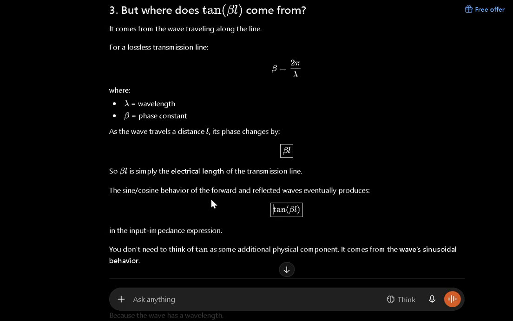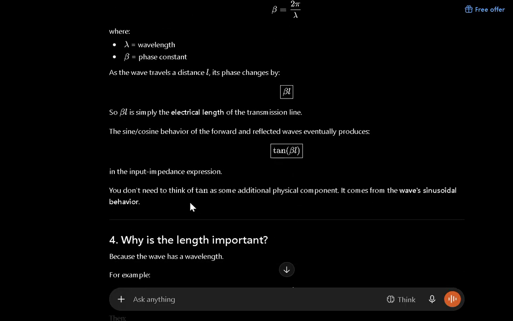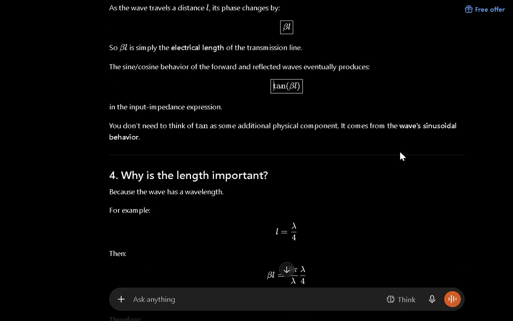The sine or cosine behavior of the forward and reflected waves eventually produces tan beta L. You don't need to think of tan as some additional physical component.